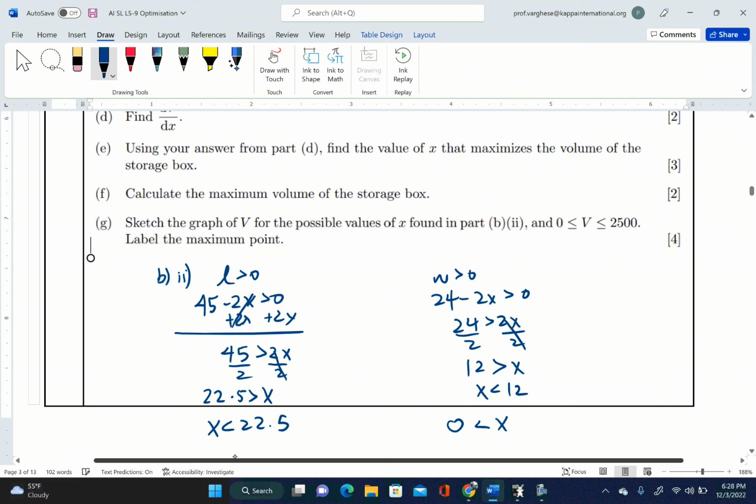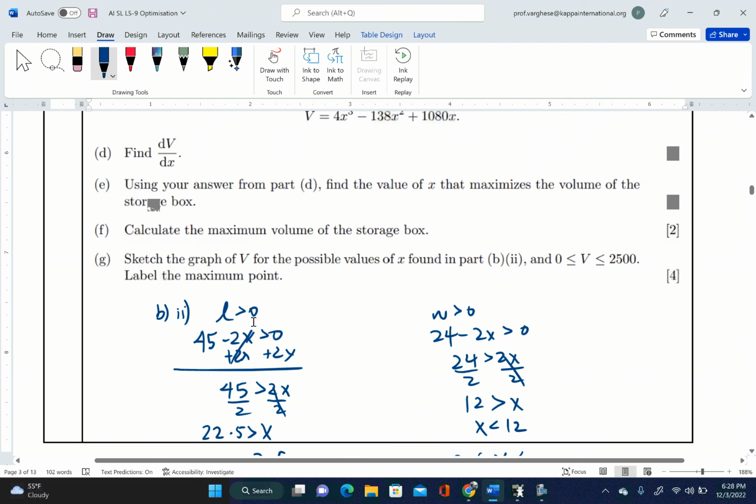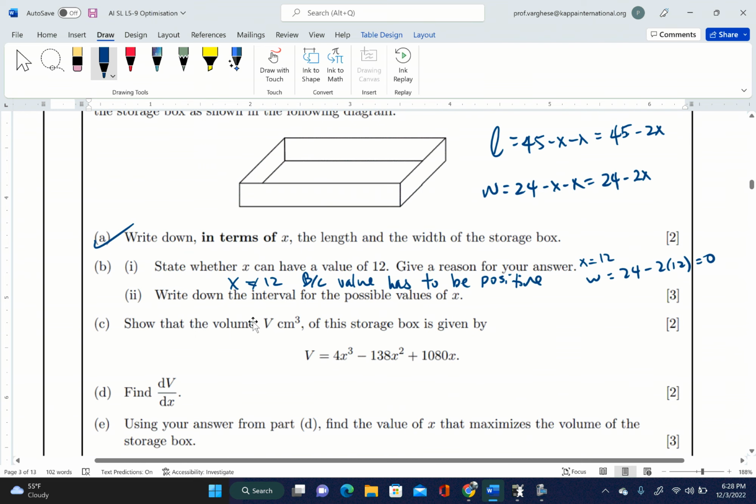It has to be between 0 and 12, which is going to be the biggest number, and x cannot equal 12. Okay, so it has to be between 0 and 12, because that's what part B2 is asking me for: write down the interval for the possible values of x.